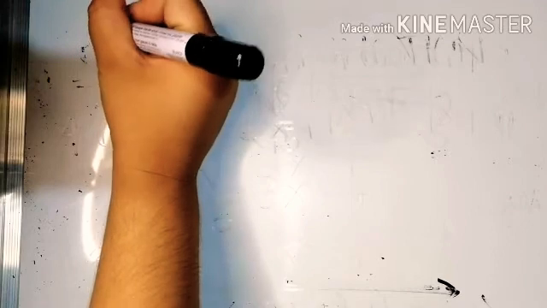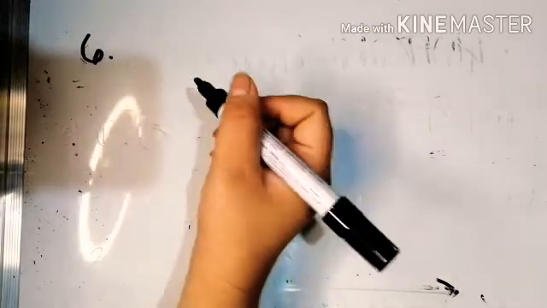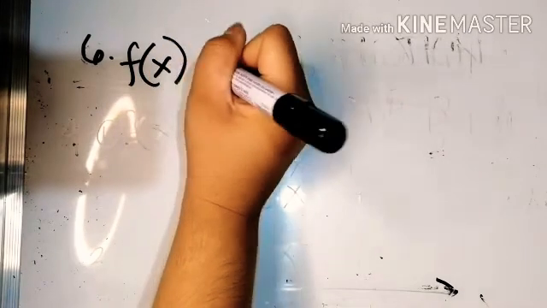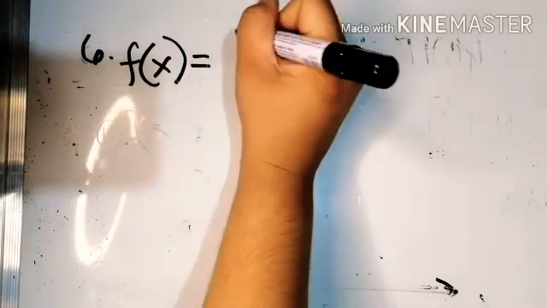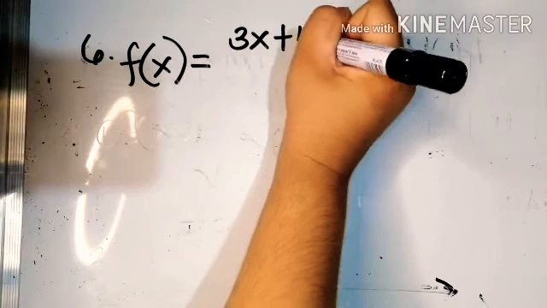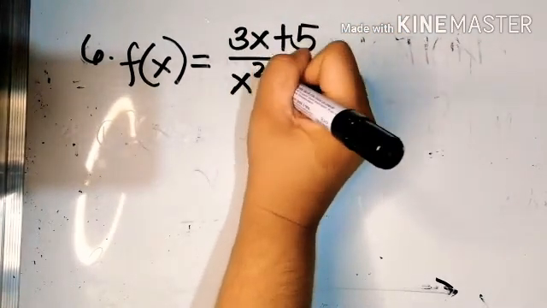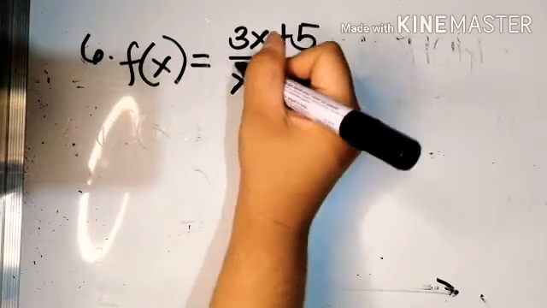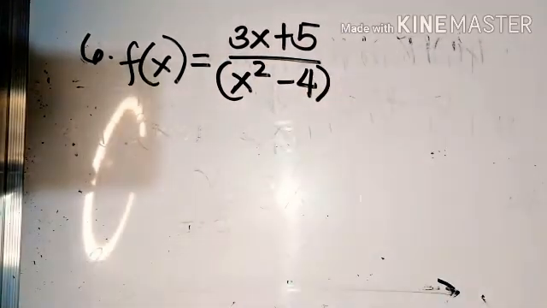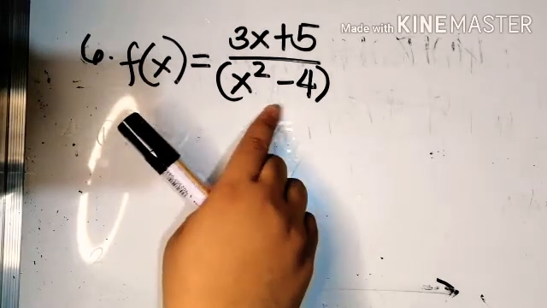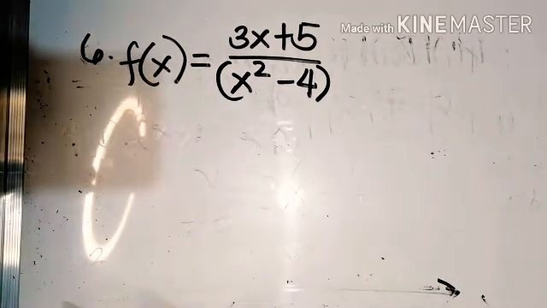Let's have the other example for rational function. Let's have f of x is equal to 3x plus 5 all over x squared minus 4. Pwede ba siyang i-factor? Kapag ganyan nakita nyo, kapag quadratic, i-factor nyo muna siya. So, pwede ba siyang i-factor?